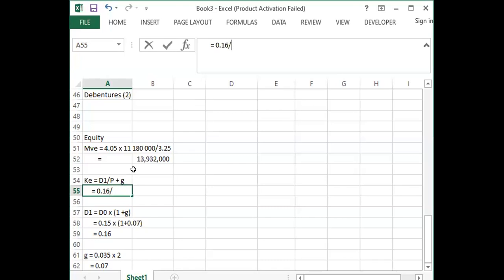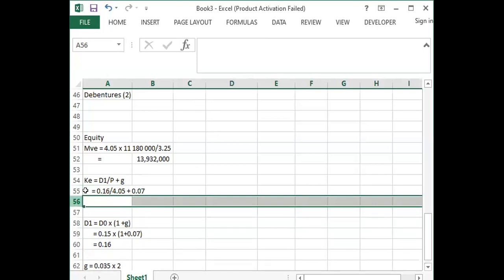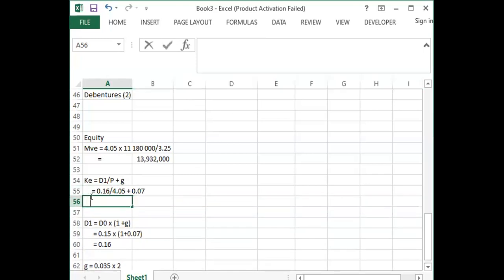The market value per share is given as 4.05. To that we want to add the growth rate, which is 0.07.